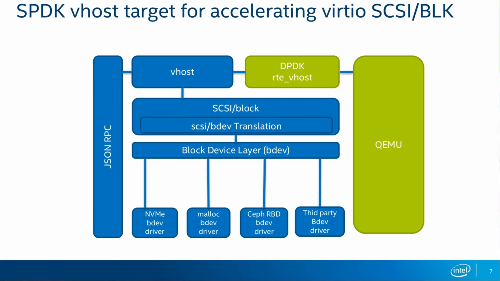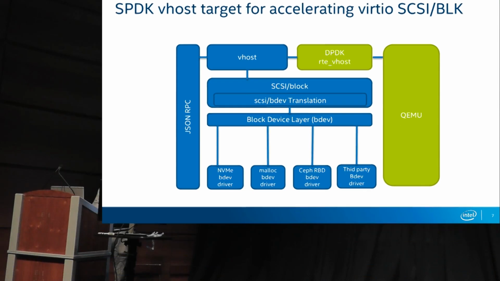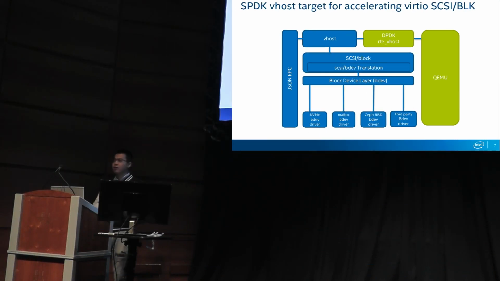And let's review the SPDK vhost target architecture to accelerate virtio-scsi or block. We just use the vhost protocol, and we leverage DPDK's vhost library and transfer the request from the SCSI or block protocol to SPDK's BDEV layer.